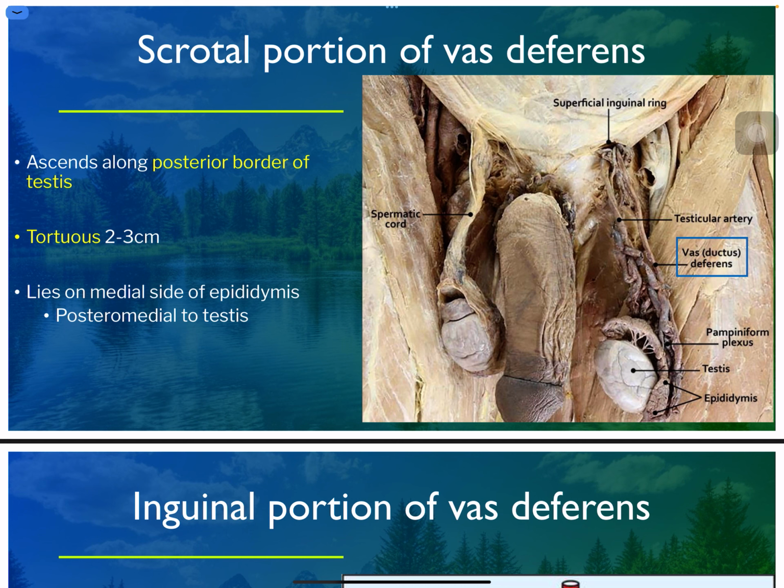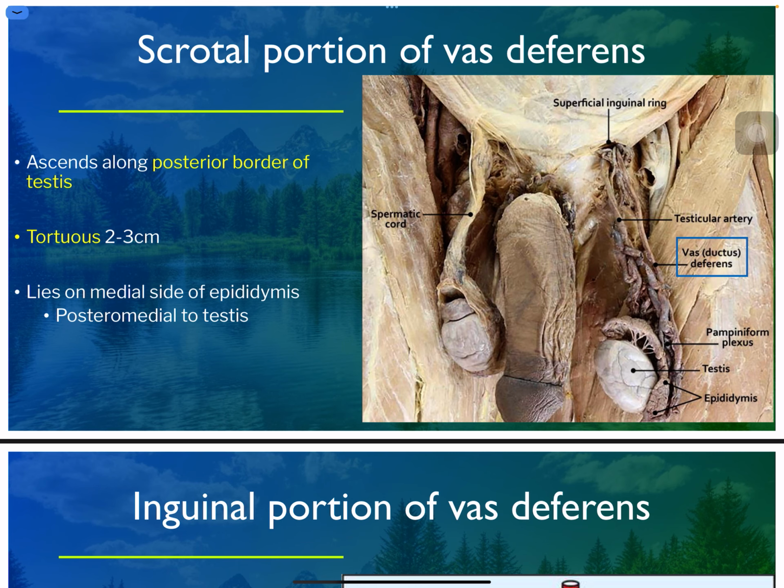Dia macam lebih kurang epididymis. The tortuous part is about 2 to 3 cm only. It lies on the medial side of the epididymis. Okay, so it means posteromedial to the testis. Tadi epididymis posterolateral ke posteromedial? Posterolateral. So now the vas deferens is posteromedial to the testis.